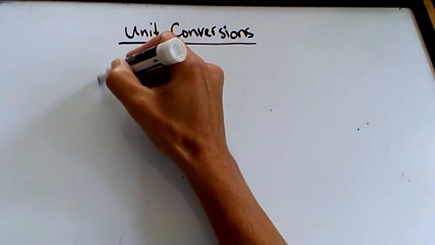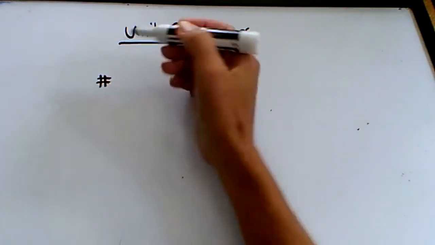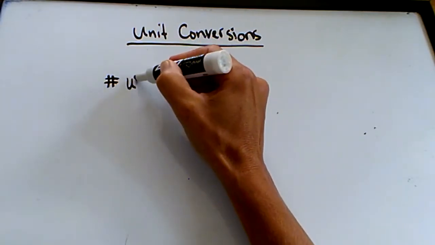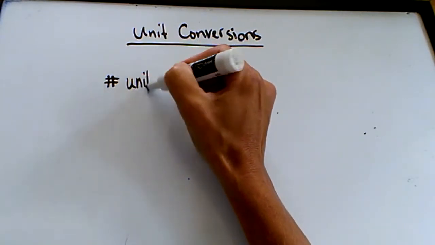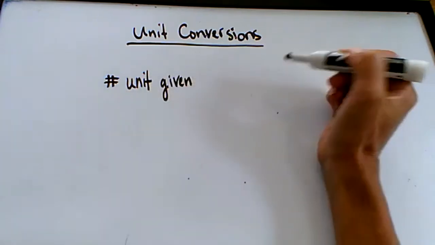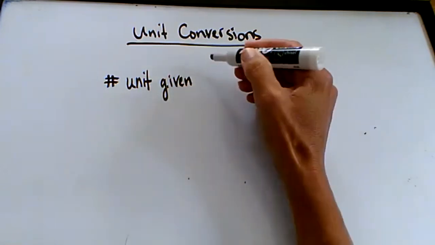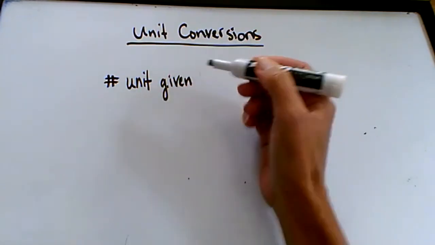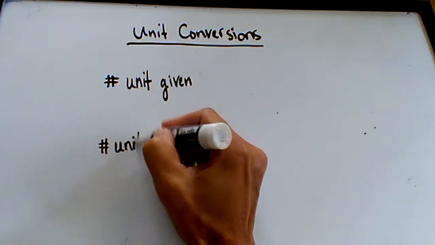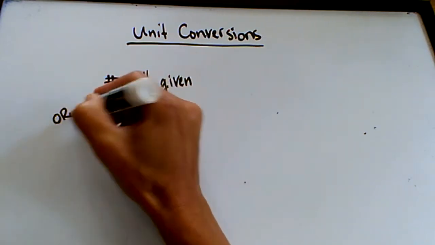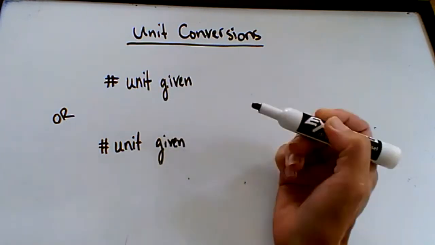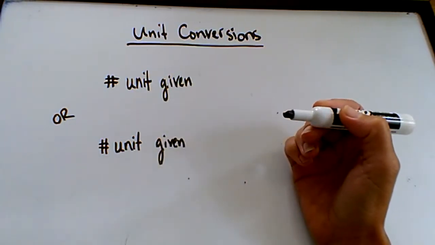Now, this is your abbreviated general formula. You're going to always start with the number and the unit that's given, okay? We'll give an example, of course. You're then going to, I'm going to give you 2 options because you're going to see me utilize both options. And what I'm teaching you is something called the factor label method.